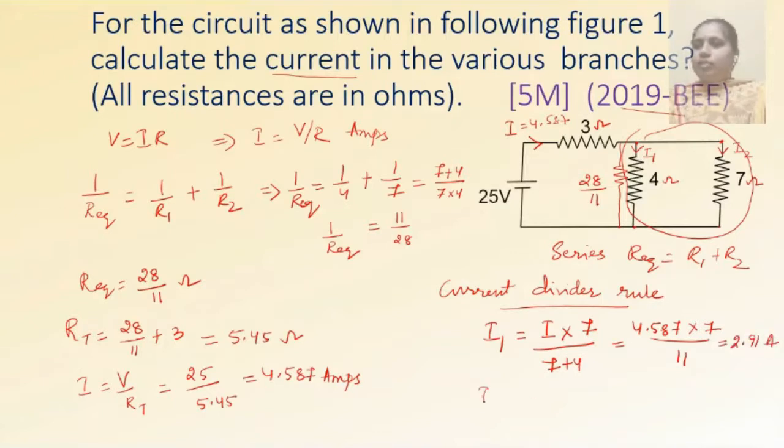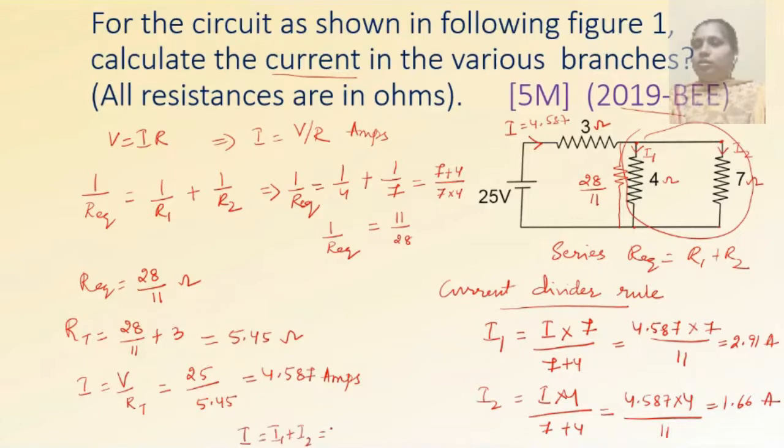Similarly, what is I2? It is total current into opposite branch resistance, 4, divided by 7 plus 4. So it is equal to 4.587 into 4 divided by 11. It is nothing but 1.66 amperes. So now total current I is nothing but I1 plus I2.